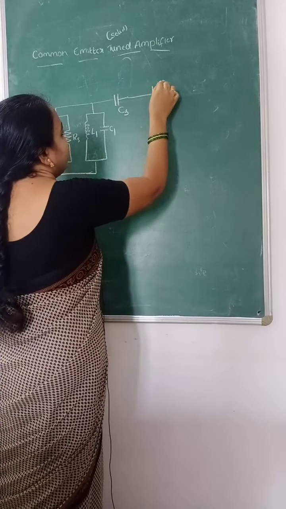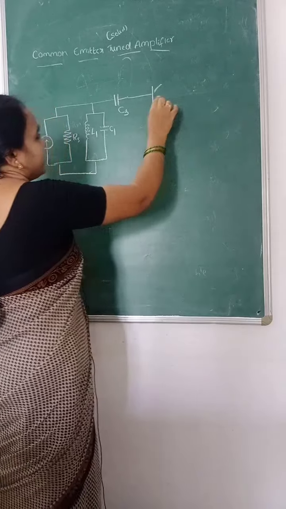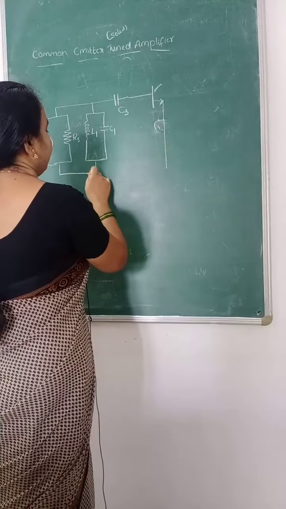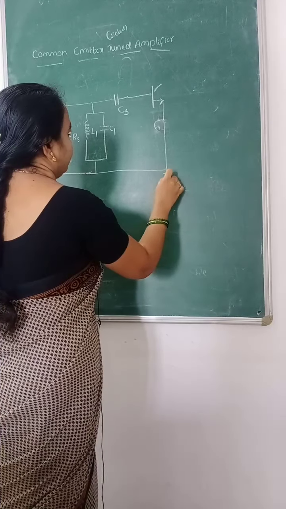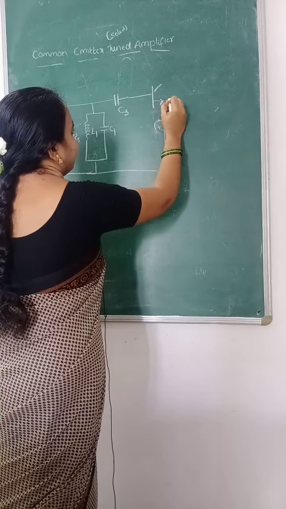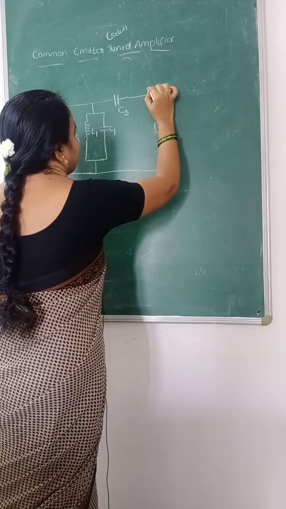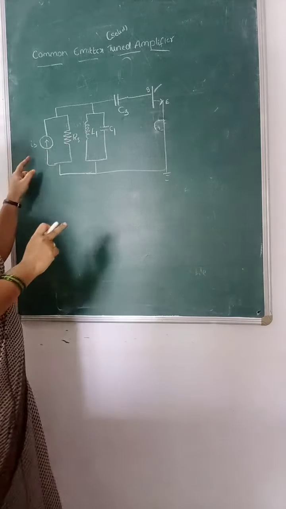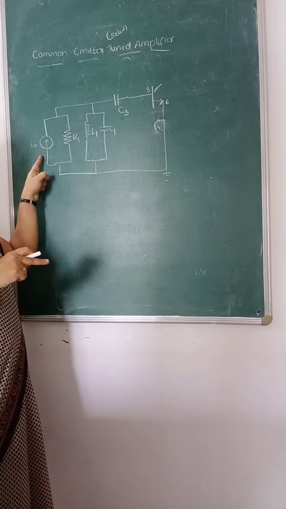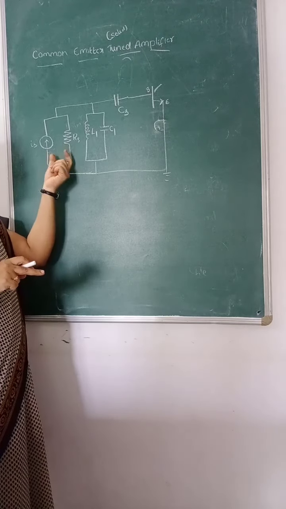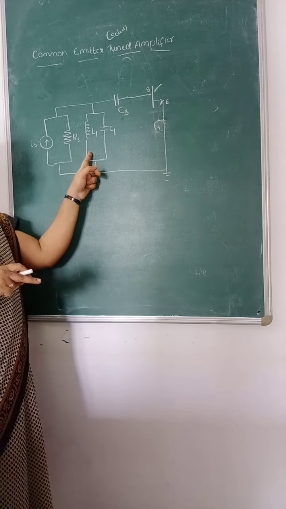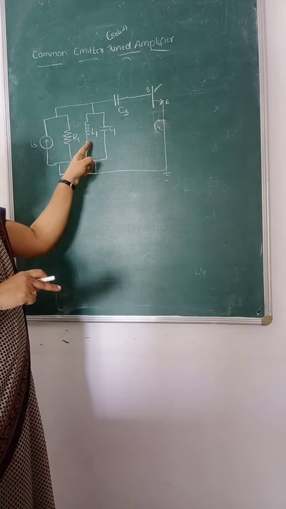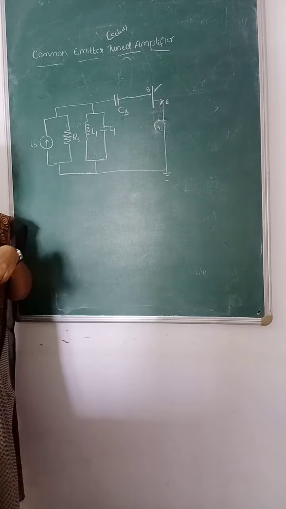This is connected to the base of the transistor. The emitter is grounded, and the base is connected through the coupling capacitance C3. The input circuit has a current source in parallel with the resistance RS, and also the input tank circuit, which is the parallel combination of inductance and capacitance.